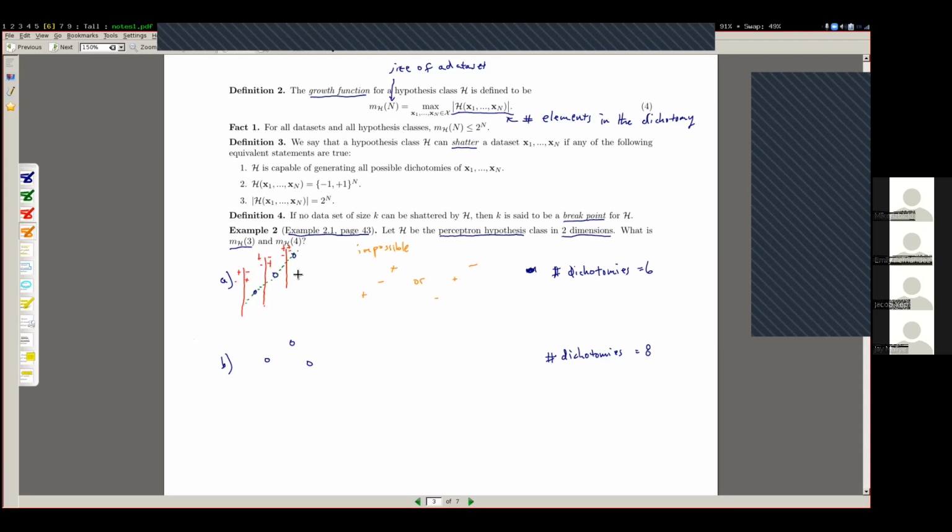And so if you were to count up all the possible labelings that can possibly be done on this data set right here, then you get that there's 6 of those possibilities. The dichotomies of a hypothesis class are the total number of different possible labelings that you can get, no matter where you put the lines. So at this point, there's 6 possibilities for this particular data set right here.